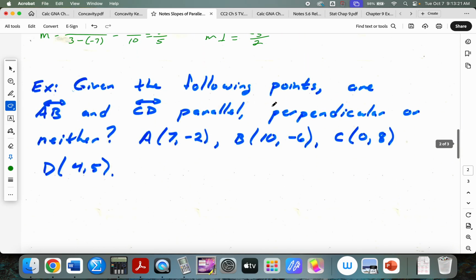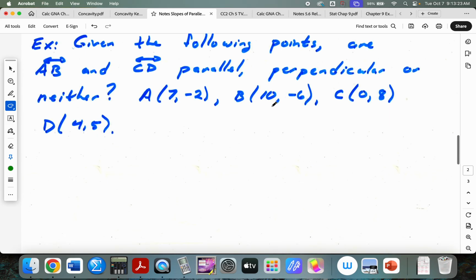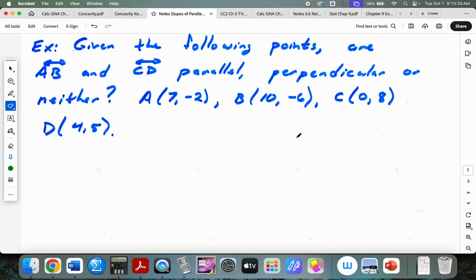So here's another kind of question that you'll get. Given the following points, are lines AB and CD parallel, perpendicular, or neither? So I need to find the slope for each of those lines. And when you're finding things like this, you want to identify what it is you're doing.